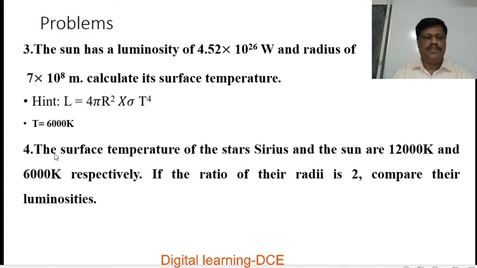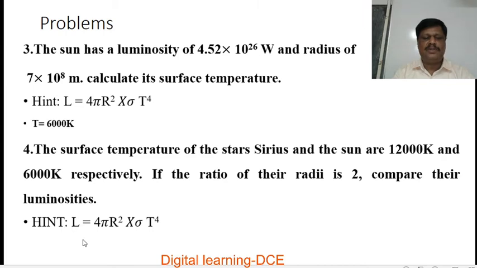The problem number 4 is, the surface temperatures of the stars Sirius and the sun are 12,000 Kelvin and 6000 Kelvin respectively. If the ratio of their radii is 2, compare their luminosities. Again use the same formula, L is equal to 4 pi r square into sigma T to the power of 4.